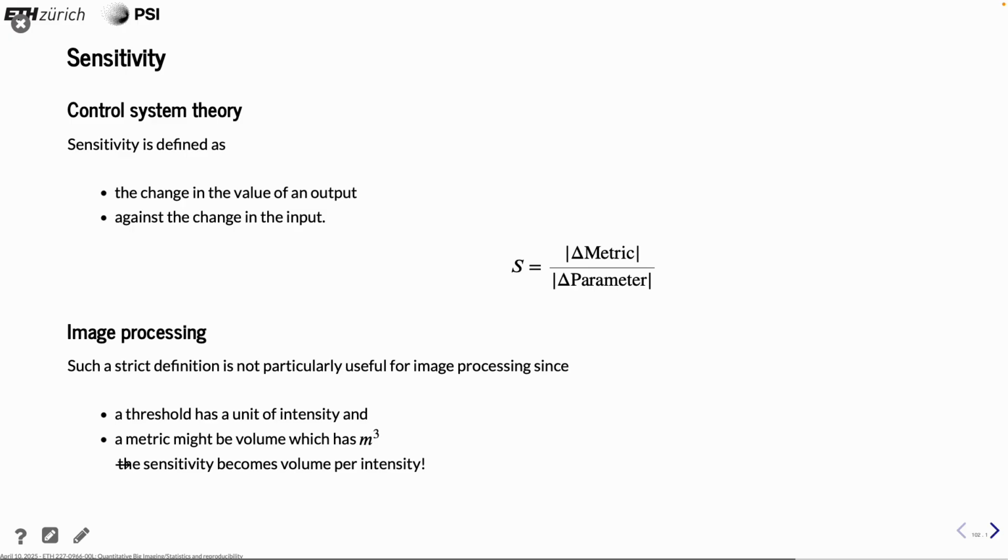But in imaging or image processing, it's not so obvious, because the threshold is maybe intensity or gray level, and what you want as output is volume, and the sensitivity is not unitless, but becomes volume per intensity, which is quite an abstract term. So we have to find something else.